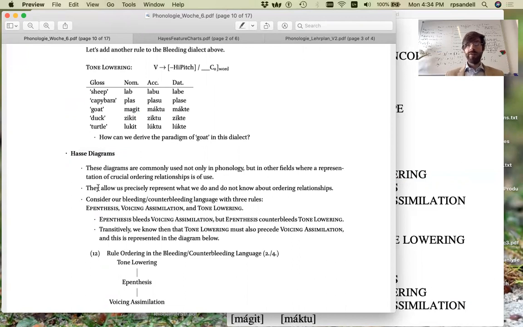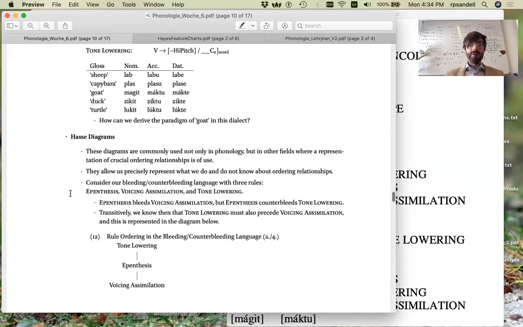These allow us to precisely show what we know and don't know about ordering relationships. So let's consider the language that has the bleeding and counterbleeding interactions between epenthesis, voicing assimilation, and tone lowering.